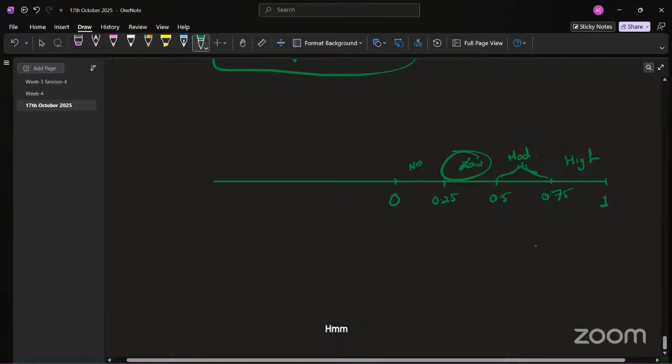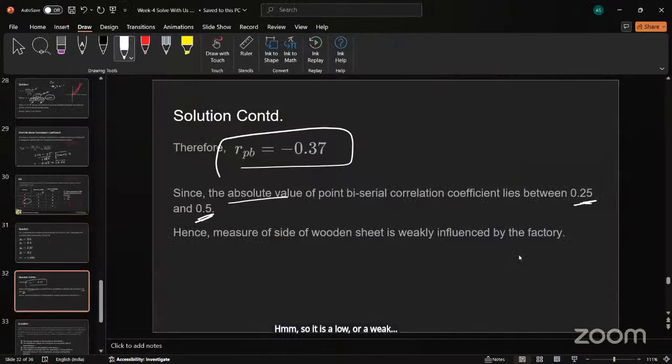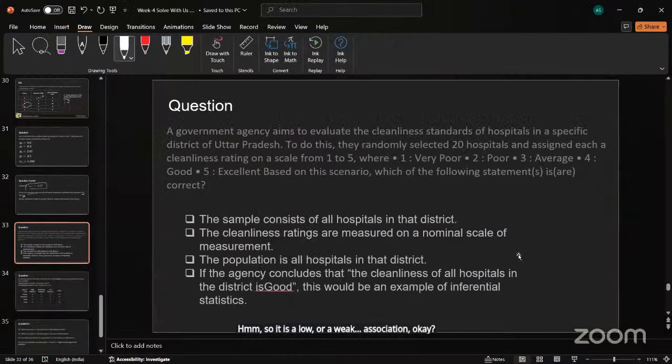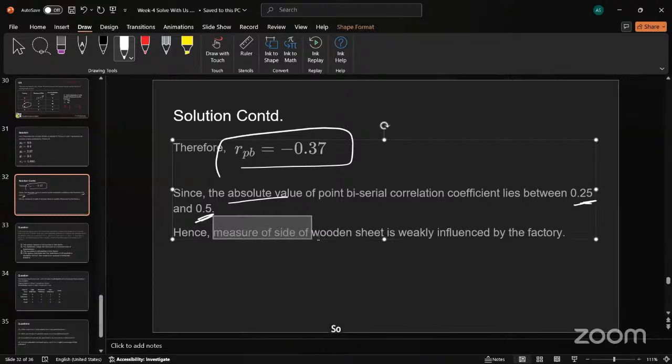So it is a low or weak association. Hence the measure of side of the wooden sheet is weakly influenced by the factory.